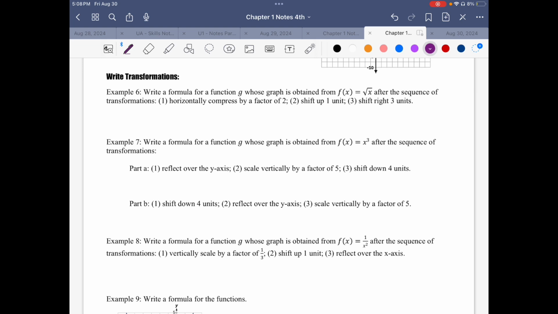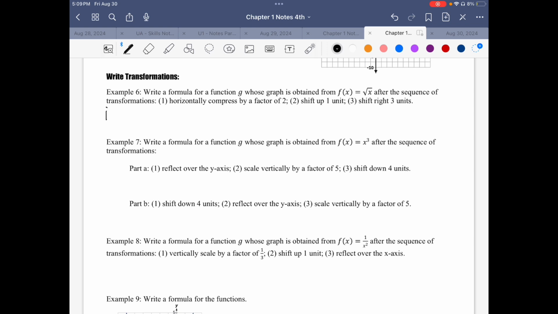The next chunk or type of problems is about writing transformations when given verbal descriptions or written descriptions. So the first thing to note is that you're given a parent function of the square root of x, and then we are given 3 separate transformations to perform on that function. Here is how you do this, as well as how you should work for doing this.